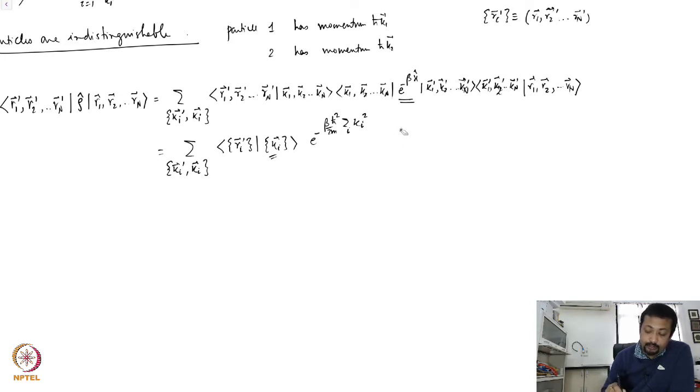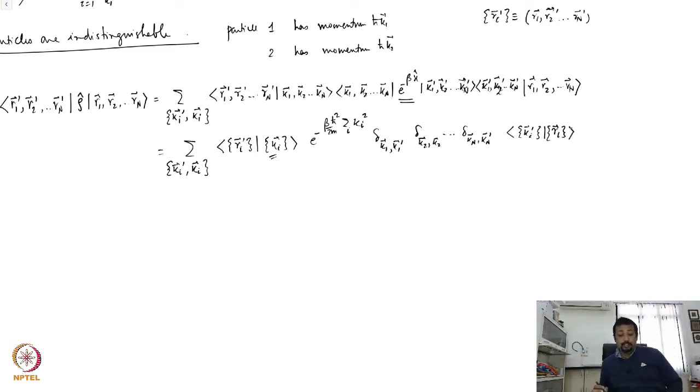Wait, we have missed one crucial thing, that is the delta functions, δ(k1, k1'), δ(k2, k2'), all the way to δ(kn, kn'), and then we have ki' and ri.